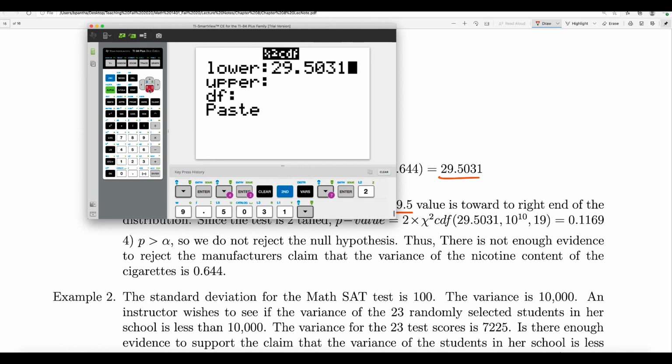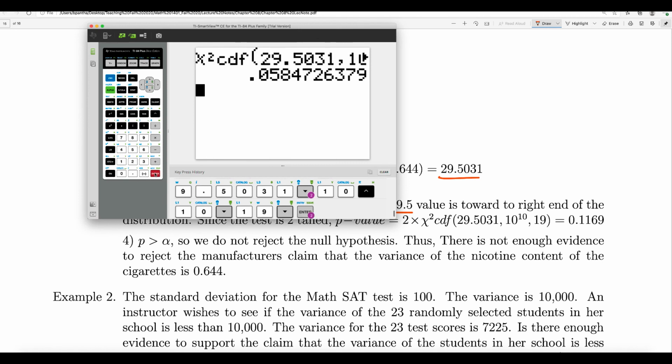Upper bound, you can write 10 to the 10. And the degrees of freedom is 19, because n is 20. And if you paste it, this is the p-value you get. So the p-value is basically 0.0585.